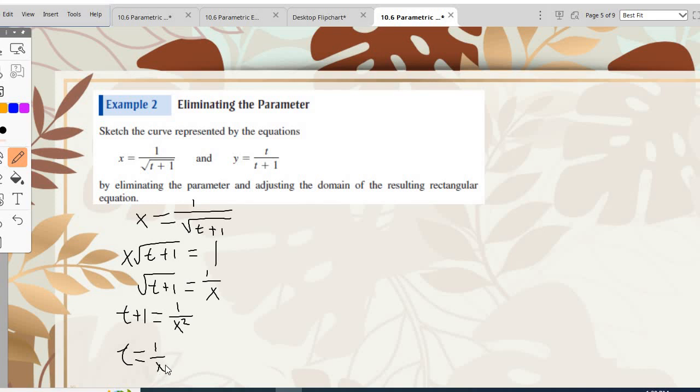So now that we have t solved for, what are we supposed to do with that? Plug it into the other one. Okay.